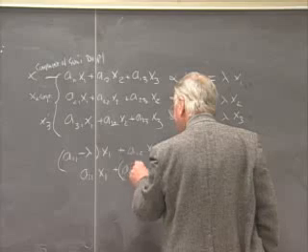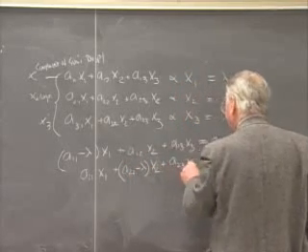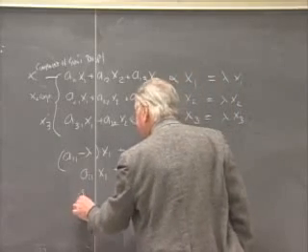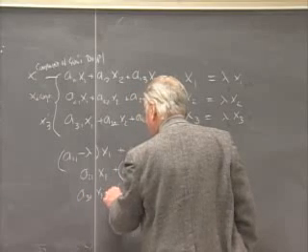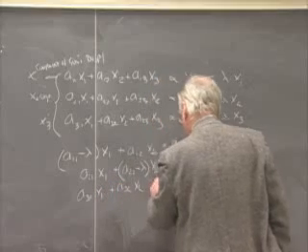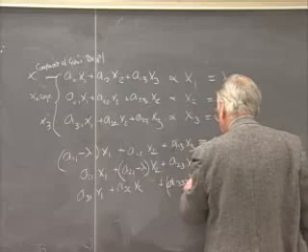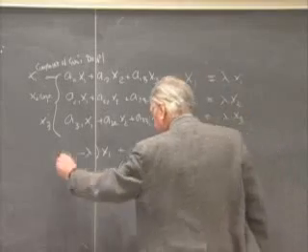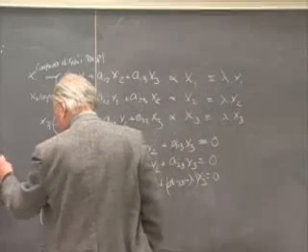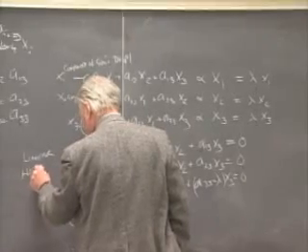And then the middle term here is (a22 minus lambda) times x2 plus a23 times x3 equals 0. And the third equation, you can anticipate how that turns out. It's a31 x1 plus a32 times x2 plus (a33 minus lambda) x3. And that's equal to 0. So this then is a set of linear equations, and they're called homogeneous equations.